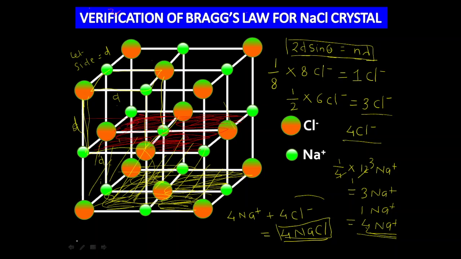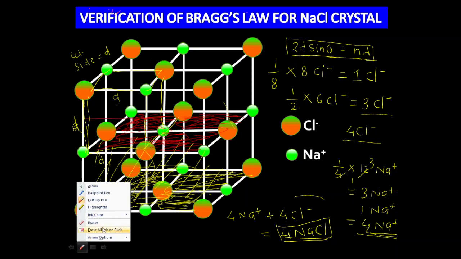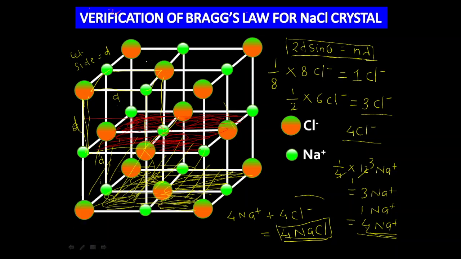Again I am shading one plane with another color, suppose this one blue color. This is again the topmost plane. If you look, this is the lower plane and this is the middle plane.